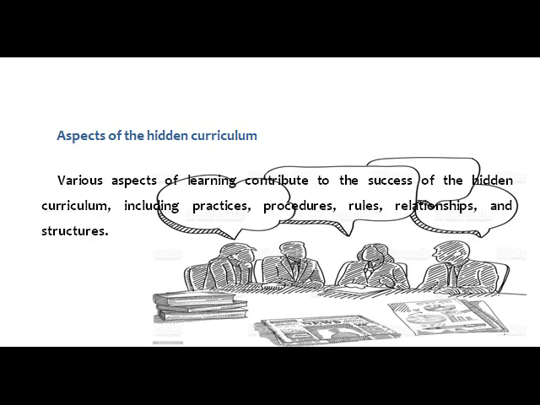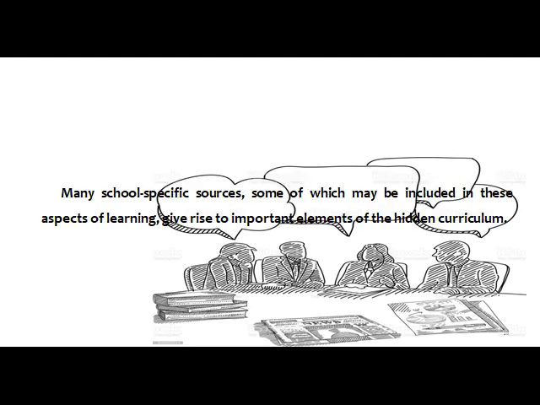Aspects of the hidden curriculum. Various aspects of learning contribute to the success of the hidden curriculum, including practices, procedures, rules, relationships, and structures. Many school-specific sources, some of which may be included in these aspects of learning, give rise to important elements of the hidden curriculum.